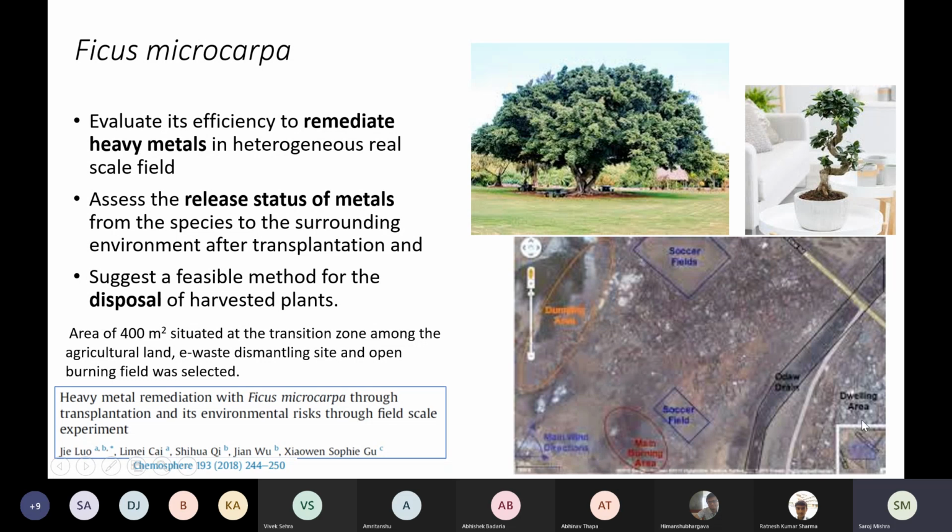And then there is a people dwelling area, there are people who are living in these zones, and so forth. This is just a Google map of that particular area. What was selected is an area of 400 square meters, situated at the transition zone among the agricultural land, the e-waste dismantling site, and the open burning field, which has been selected for these experimental sites.